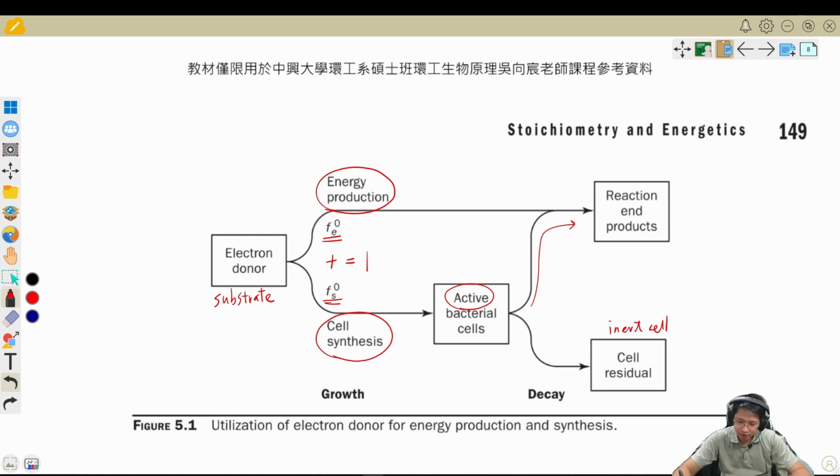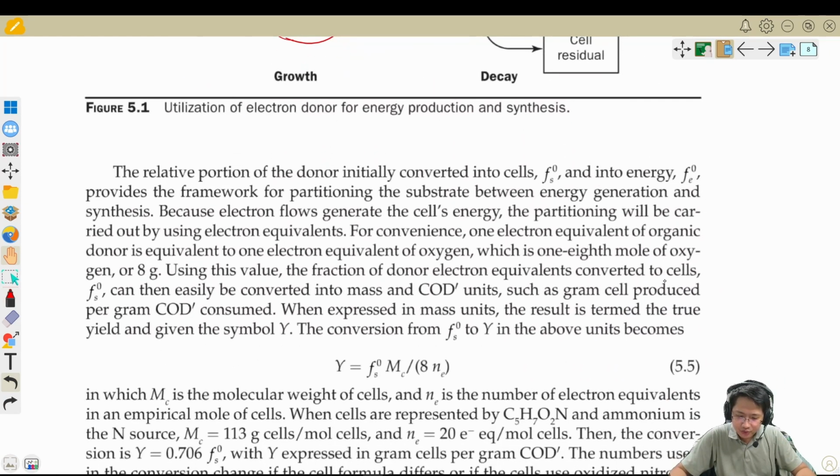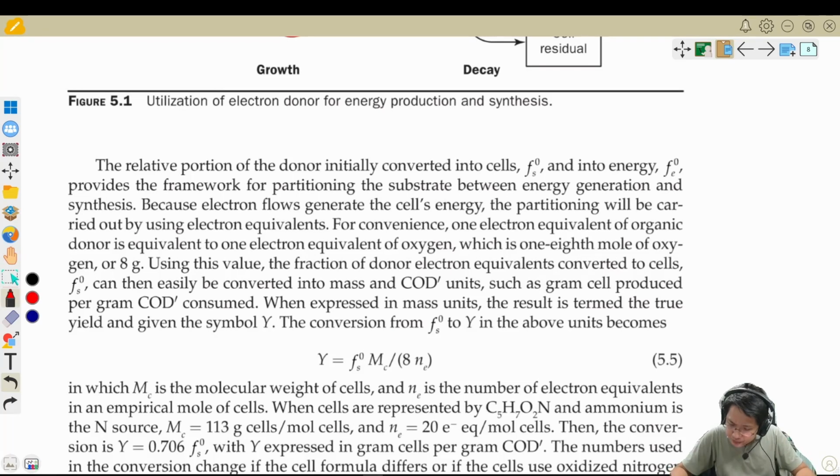Additional parts become cell residue, called inert cells, which have no purpose for further use, so they become the inert part of the biomass. The portion for cell synthesis, fs0, can be converted into another concept that we call the biomass yield.